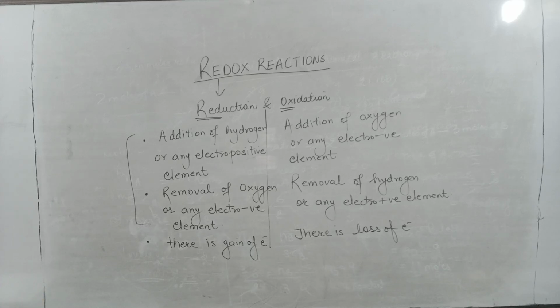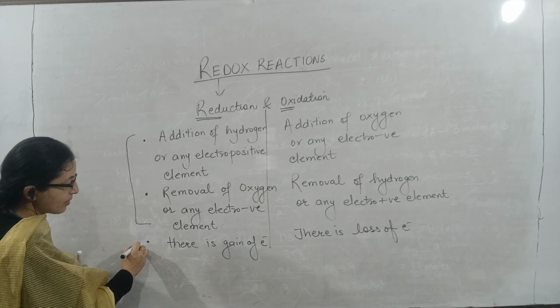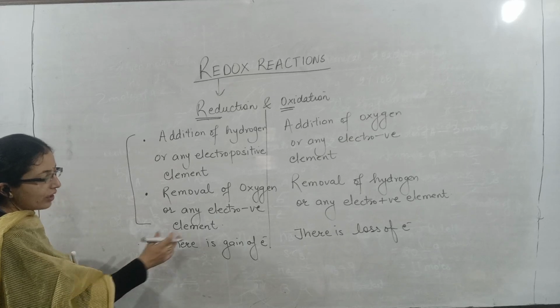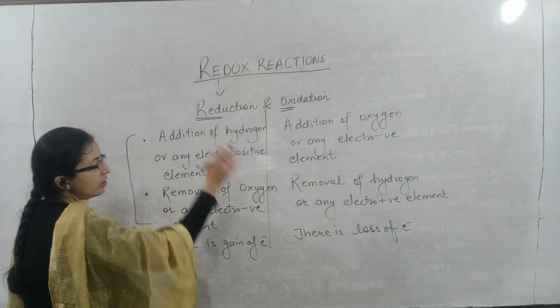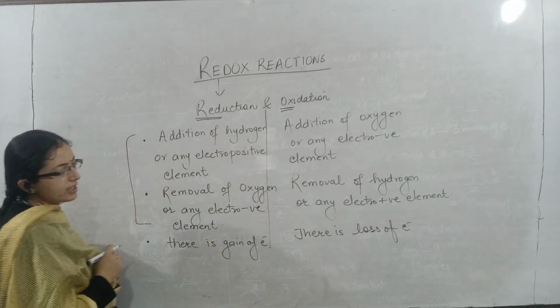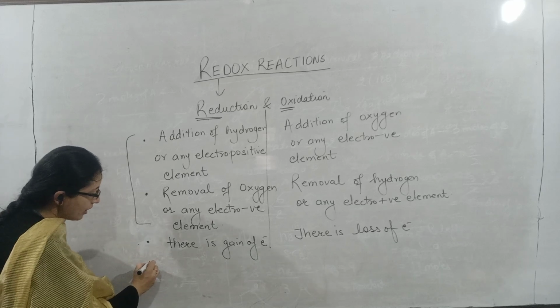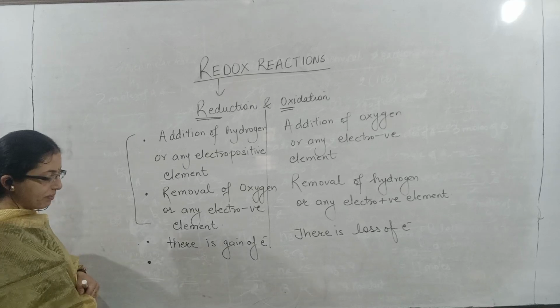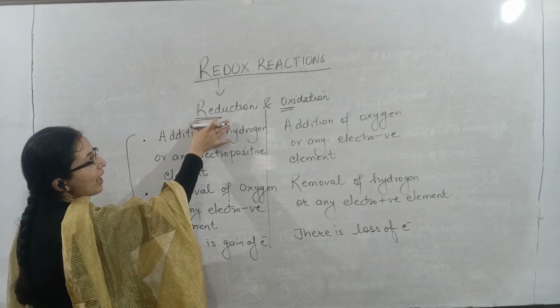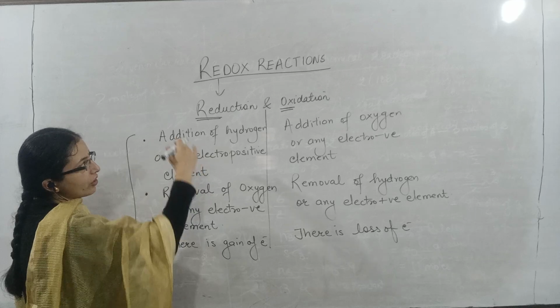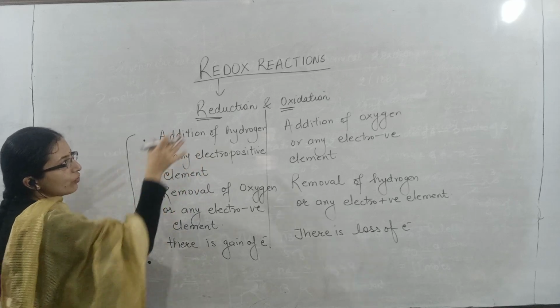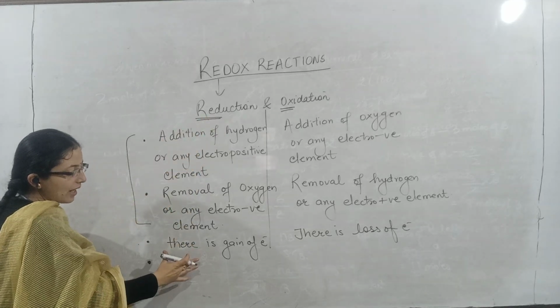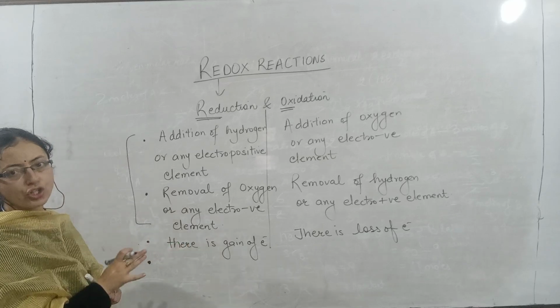And then likewise, this is the second concept in terms of electrons. Gain of electrons, reduction. Loss of electrons, oxidation. Okay. Then the third concept is in terms of oxidation number. Reduction का actual meaning क्या होता है? कम होना, reduce होना. ठीक है? So वो actual meaning जो इसका है, that is seen in case of oxidation number.